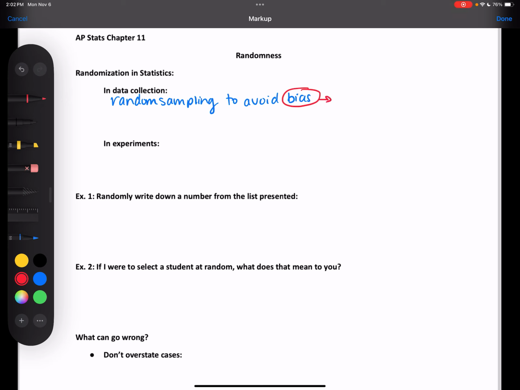And that is when the statistic from your sample over or underestimates the population's parameter.